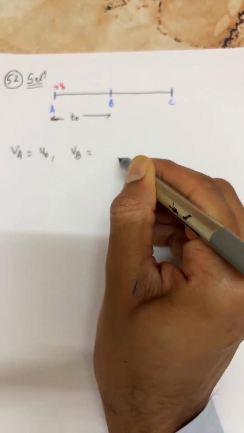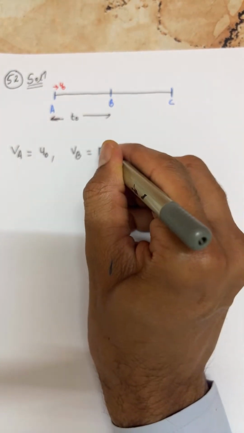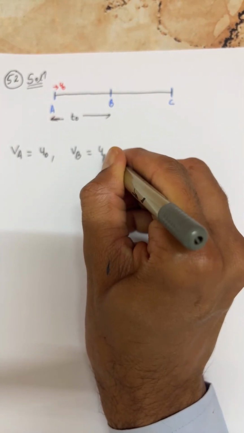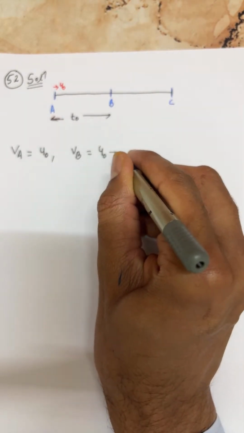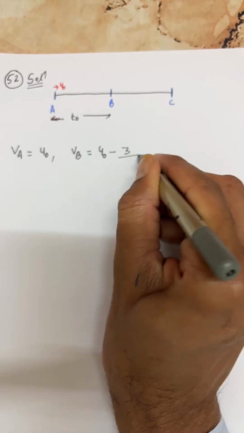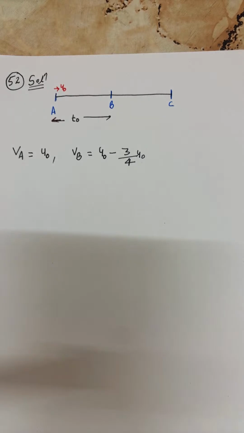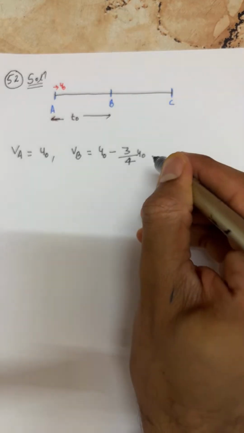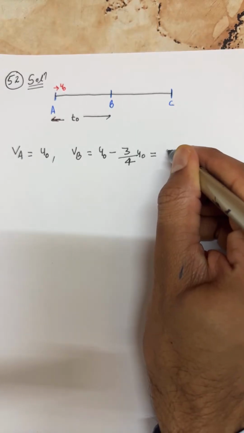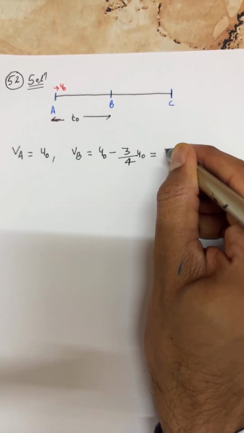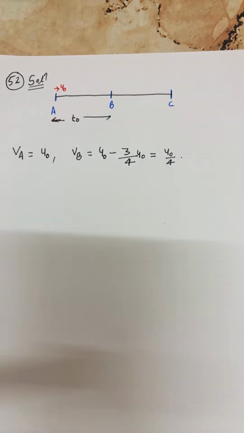According to the question, they reduced 3 by 4 of initial. So, beta, what is initial here? Initial is U naught, right? What is the final? They mentioned already, my kids: 3 by 4 of initial reduced. So you can write the velocity at point B equals 4 minus 3 by 4 of U naught, which equals U naught by 4.